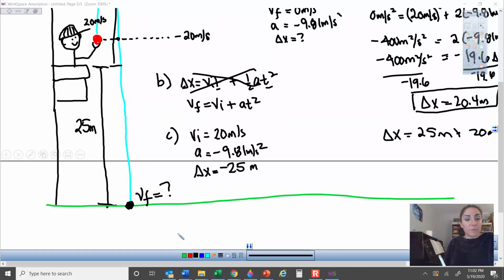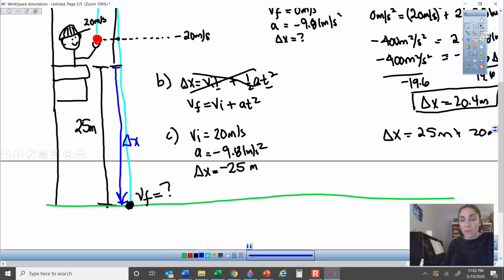The displacement of this object, delta x, from where I labeled it right here, starts here and ends here, so it is lower than when it started. So the displacement is negative 25. If I wanted to know the distance, that would be the up and the down. But that's not what we're trying to find right here. These equations always use displacement.